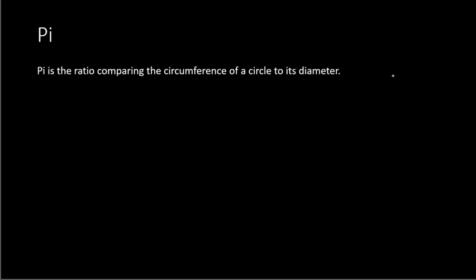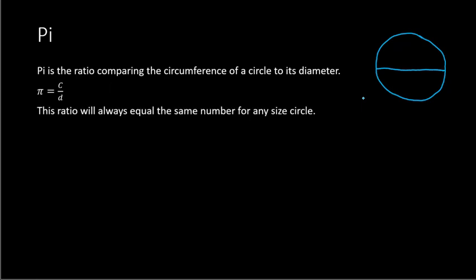Mathematicians found that if you measure the distance around a circle and then divide it by the distance across the circle, it doesn't matter the size of the circle, that ratio will always equal the same number. So pi is the ratio of circumference divided by diameter. And that number is always the same for any size of circle.